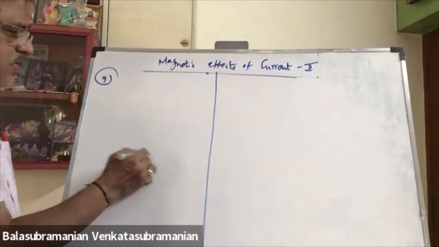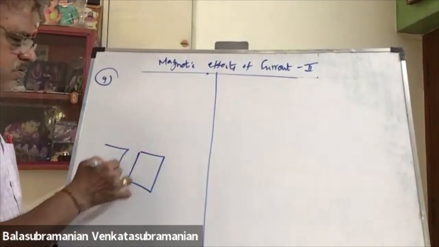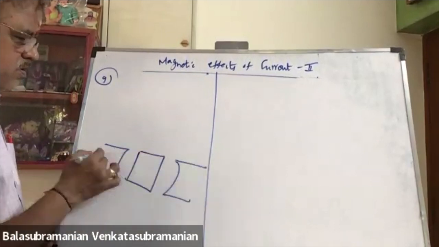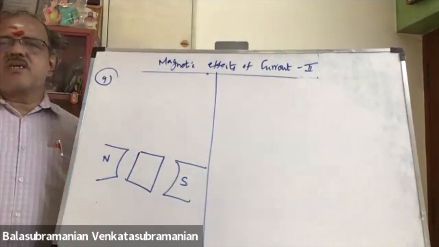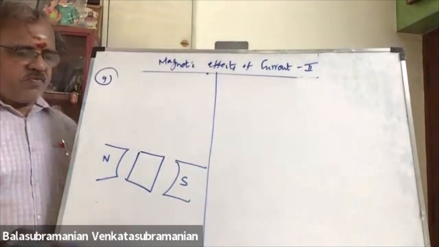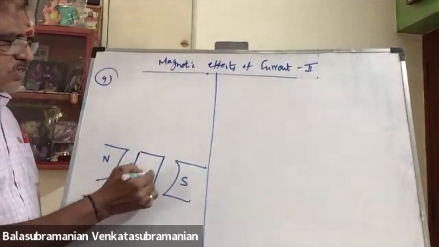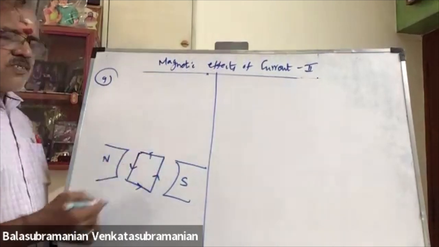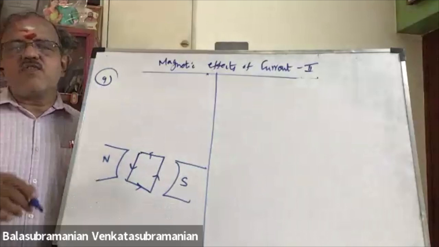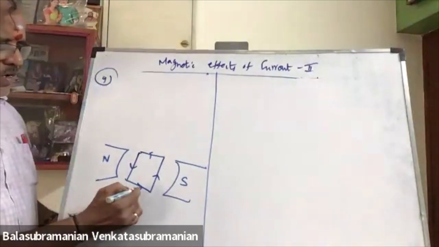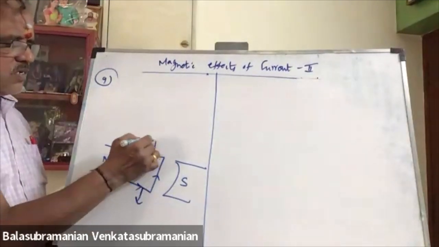So, rectangular coil. This is the rectangular coil carrying current placed in the magnetic field of north and south. Whenever a current carrying conductor is placed in a magnetic field, it experiences a force. Here 4 conductors.